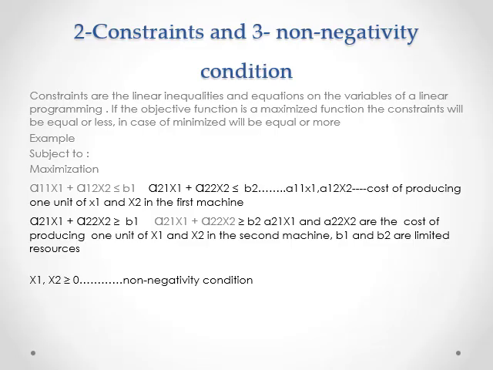For example, the constraints of my maximization are like A11 x1, where A11 stands for the cost of 1 unit of x1, plus A12 x2, where A12 is the cost of 1 unit of x2, in the first phase, less or equal P1.